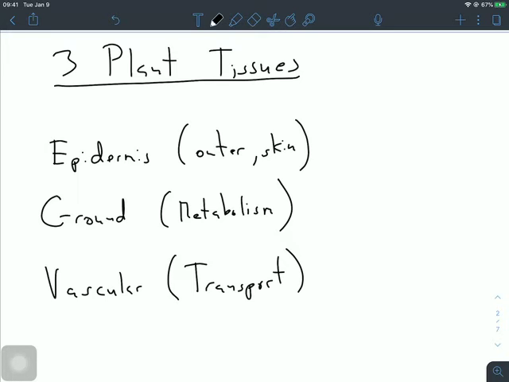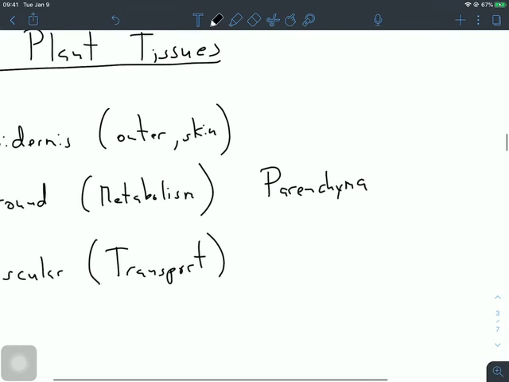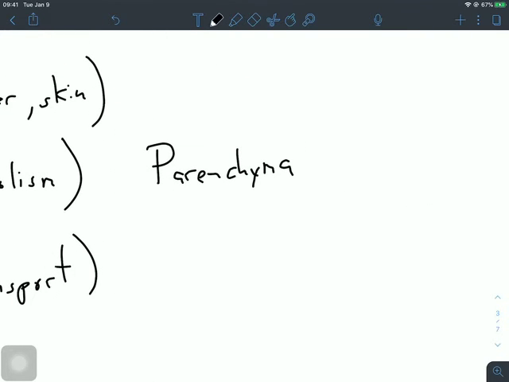Our very last vocab term for today is parenchyma. We will be discussing it in more detail later, but chyma refers to your liquids, your living substances.